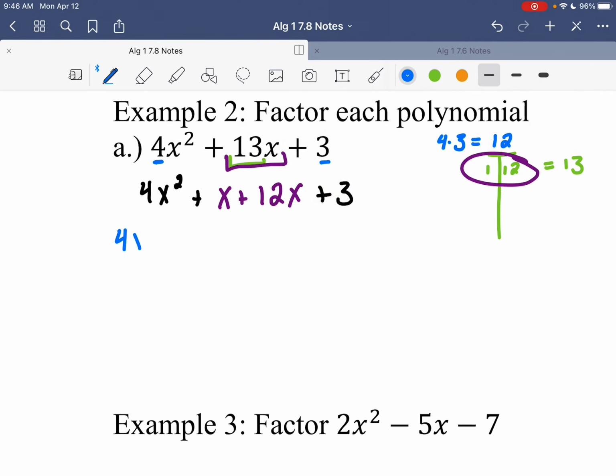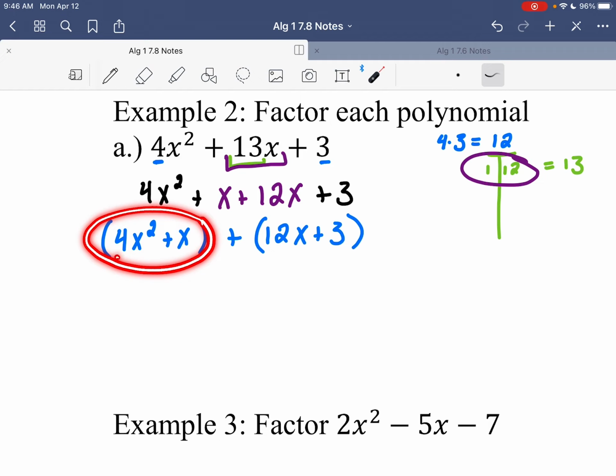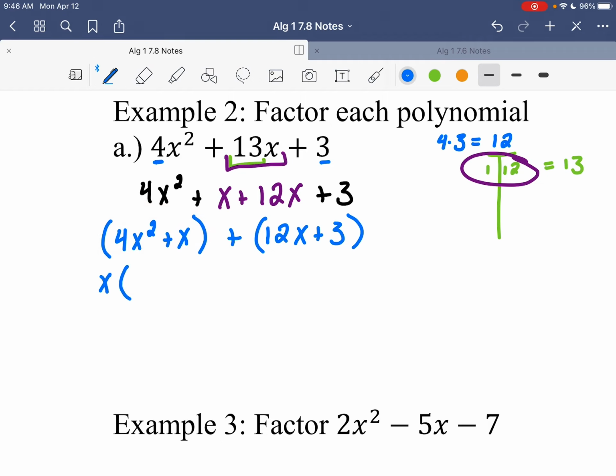I'm going to group these first two, 4x squared plus x, plus 12x plus 3. Now, if you remember from the previous section, we factor out our common factors. Out of these two, they both have an x, so I can factor an x out. I'll be left with 4 times x plus, I'm going to need a 1. When I distribute this in, that's 4x squared plus x. That gets me back to here.